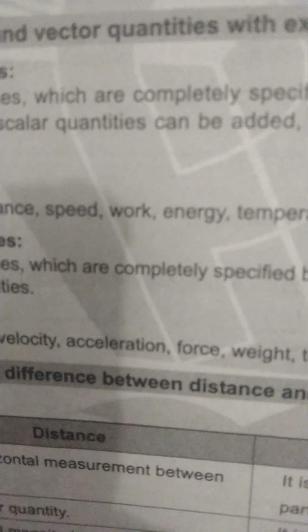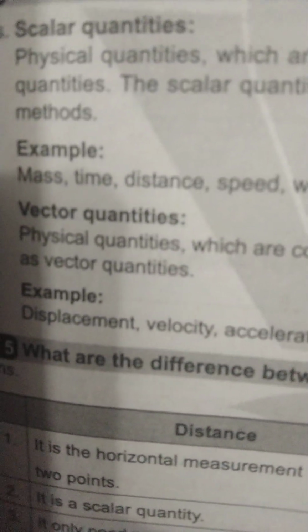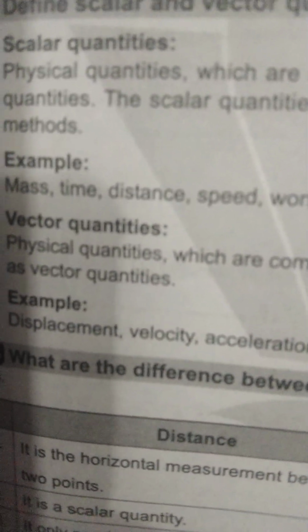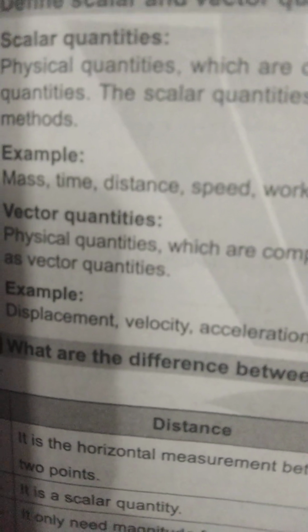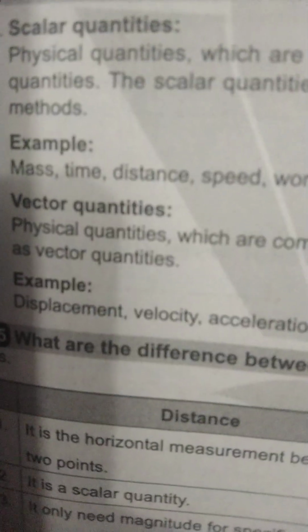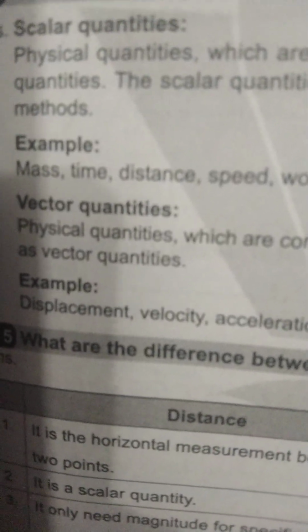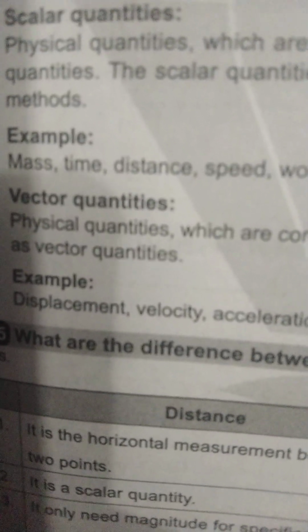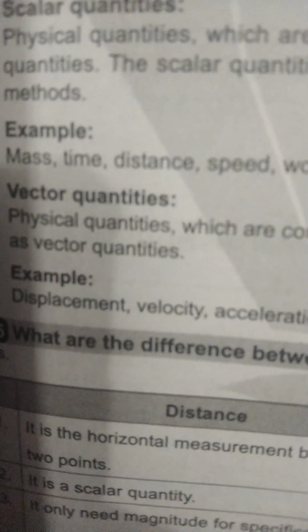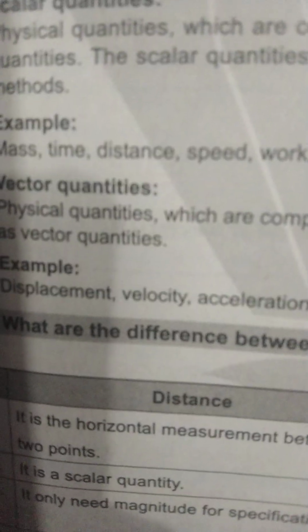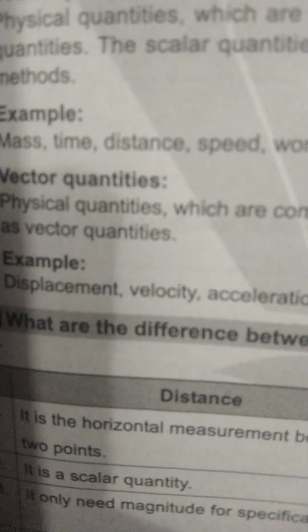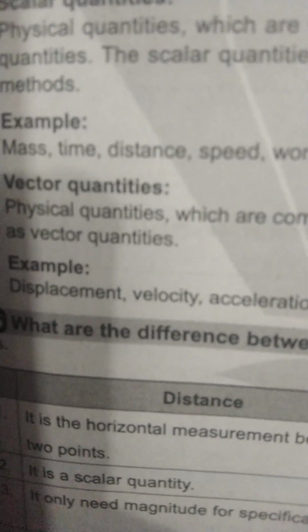All these are examples of scalar quantities. Other examples are also present, but these are the few which we mostly concern in physics. Students have seen time on the clock and the watch, and have experienced very well that time has no direction.